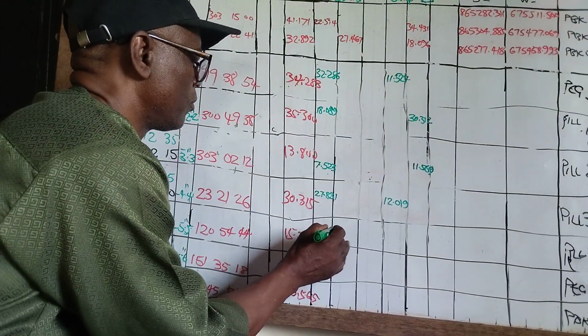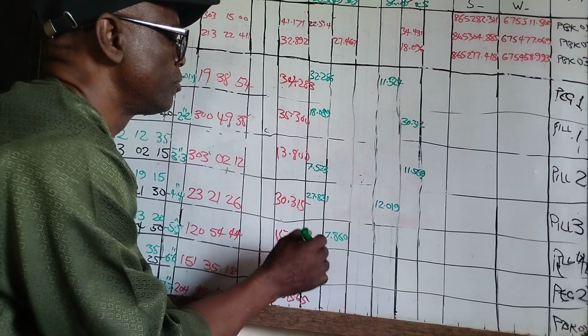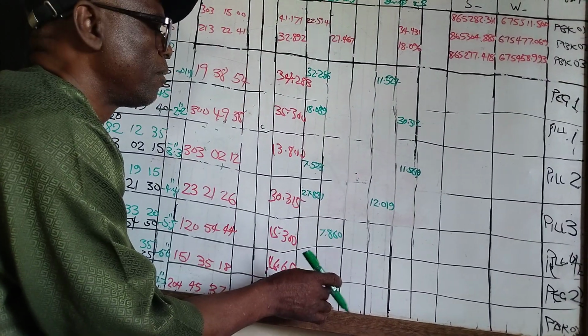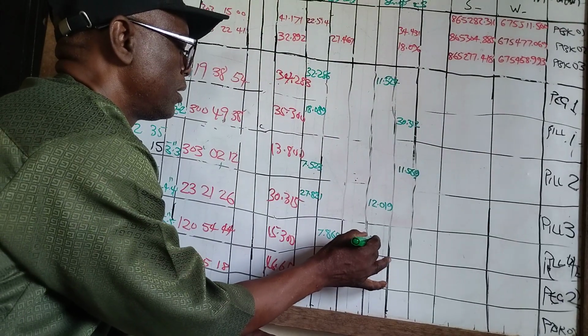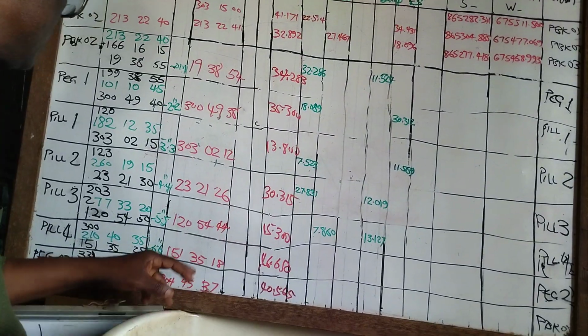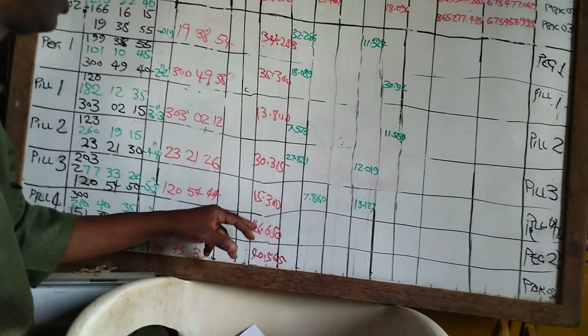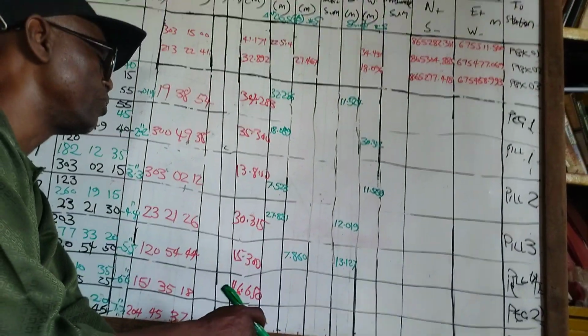Minus 7.860. Plus 13.127. Okay, the next line. 151 degrees 35 18 to 46.650.